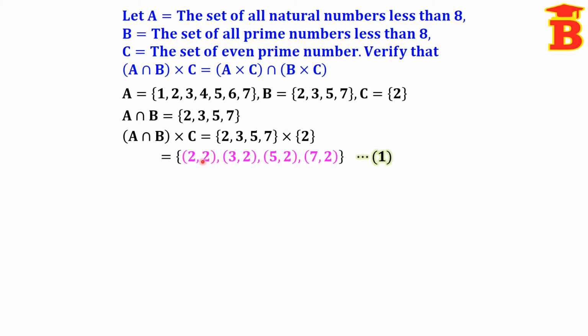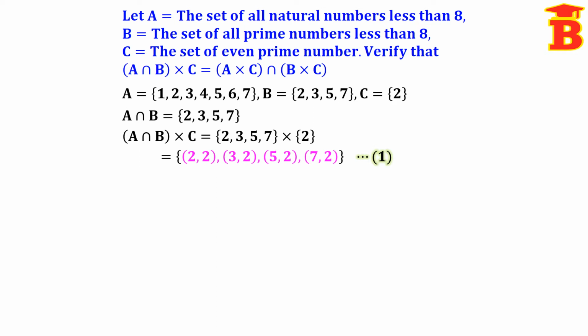Write it as an ordered pair within brackets like this. Next take the number 3 and combine with 2, that is (3, 2). Next take 5 and combine with 2, that is (5, 2). Next take 7 and combine with 2, that is (7, 2).